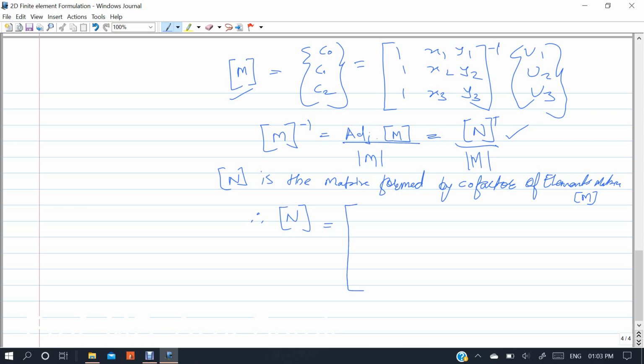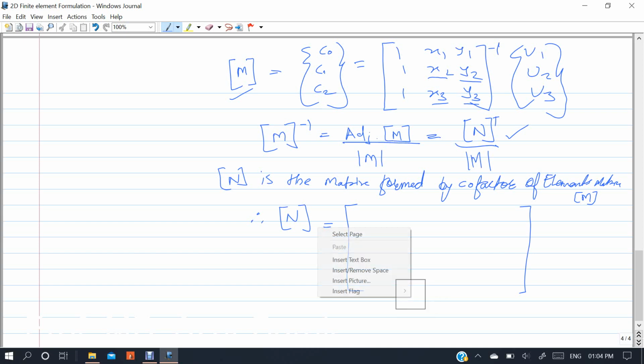Now we can take this capital N equal to the matrix. You know how to multiply the matrices. First it will become x2 into y3 minus x3 y2. In this way, as we learned in the maths subject, we have to cross multiply.